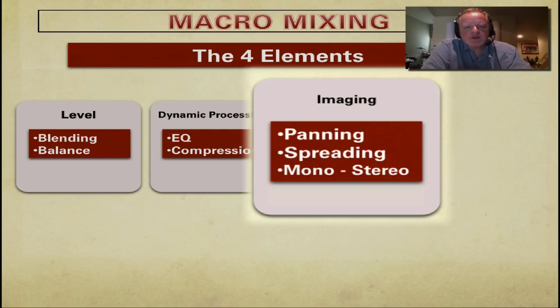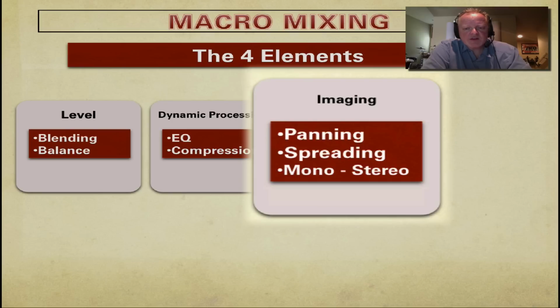You might even use some plugins that spread the sound. There are several now, especially in 10 and 11 of Pro Tools, and in Logic there's a spreader. But you have to be very careful, because using these spreaders creates phasing issues and can really cause your mix to lose distinction.